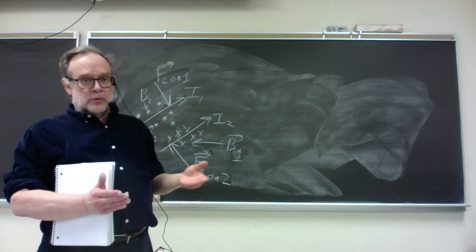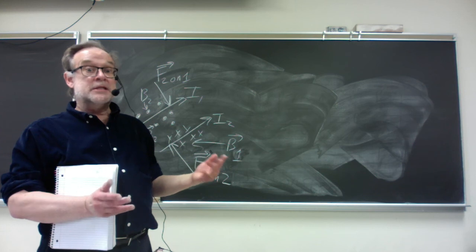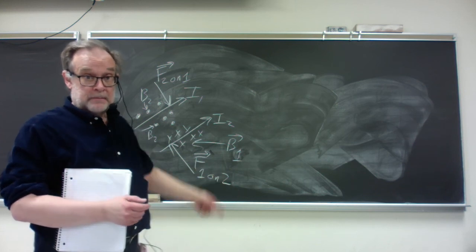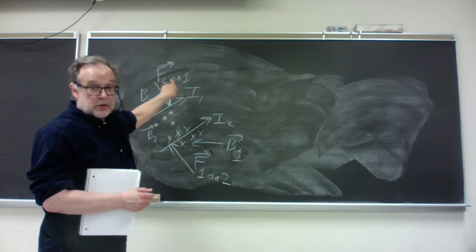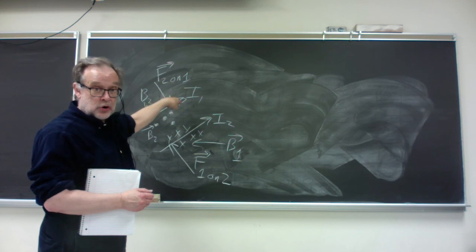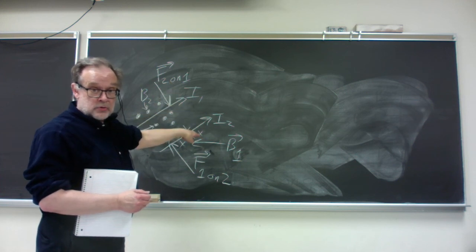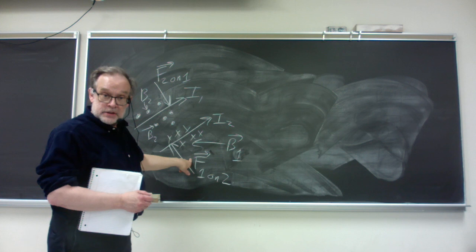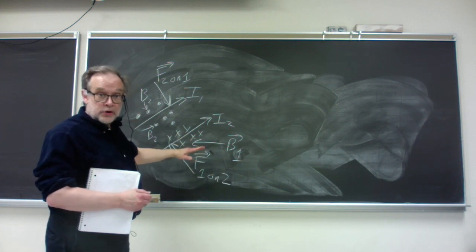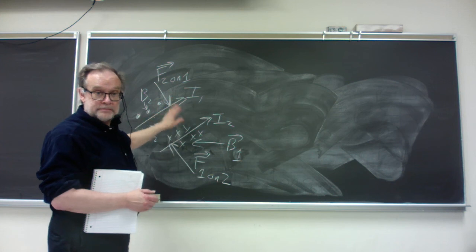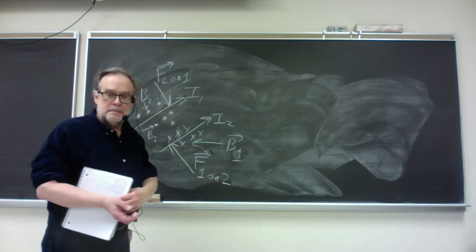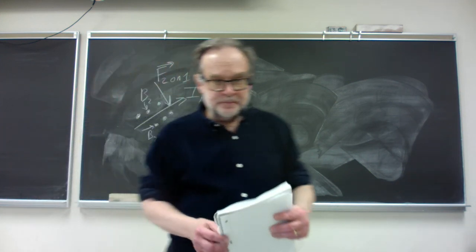And of course, third law pair means they are the same type of force. Right? This is a magnetic force, and it's attracting the current to another current. And this is also a magnetic force attracting one current towards another. Same type of force.